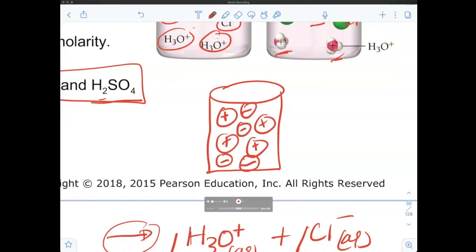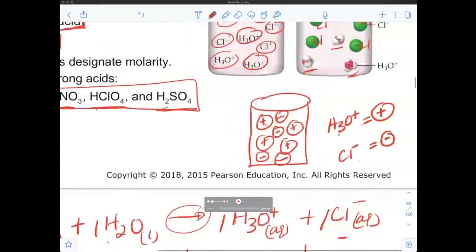Because just like you guys, I will watch this and I'm like, wait, I thought we were talking about H3O+. How do we now skip to the positive? They're trying to say H3O+ is the positive species, and in this case, Cl- is a negative species. So the positive here represents H3O+, the negative represents the Cl-, okay? It's just interpreting the pictures that the scientists draw.